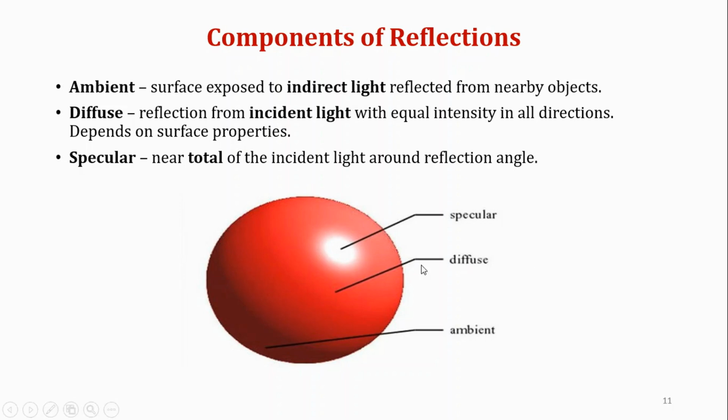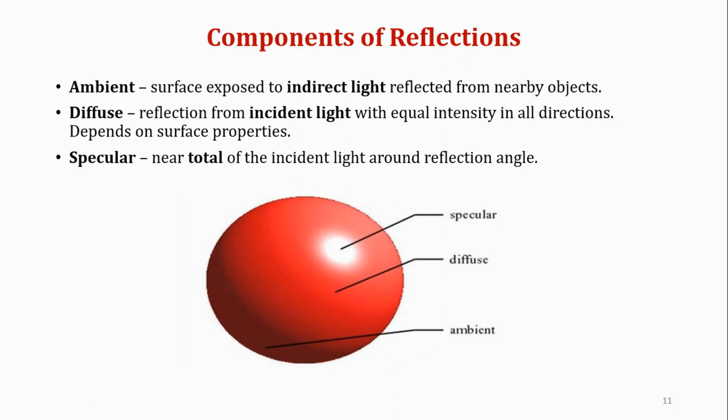Light is incident in this place, so it is reflecting partially and uniformly. That is scattered reflection, diffuse reflection. And in this one, specular. Mirror-like reflection is called specular, so the total incident light is reflected. Okay, so those are the components of reflection.